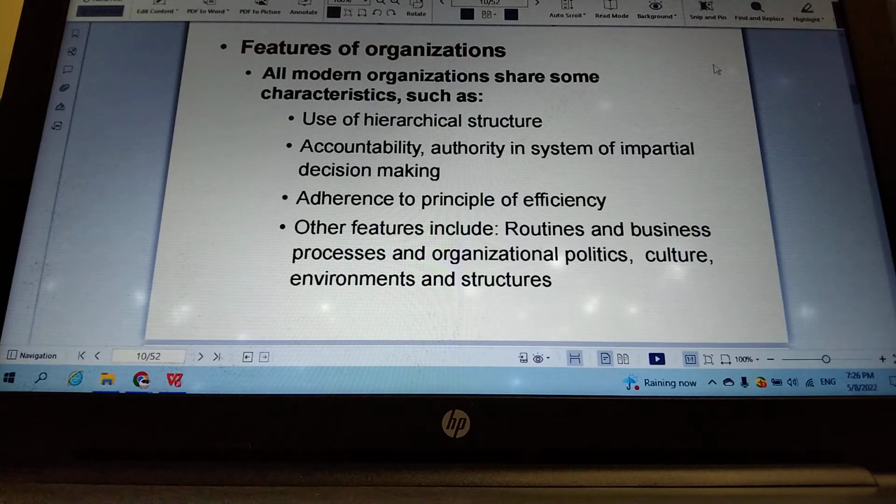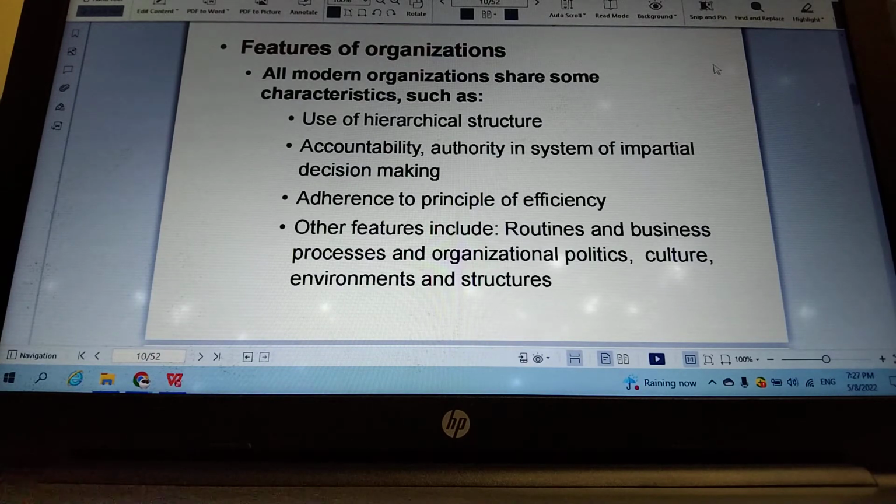Moving onward, when you are involved in your own specific department or area, you will be introduced to your job, your routine, the business processes that you are responsible for, what kind of company culture it is, the environment of the company, and other structures that you need to know. In every company there will be what we call office politics or organizational politics that you will become familiar with as you move on.